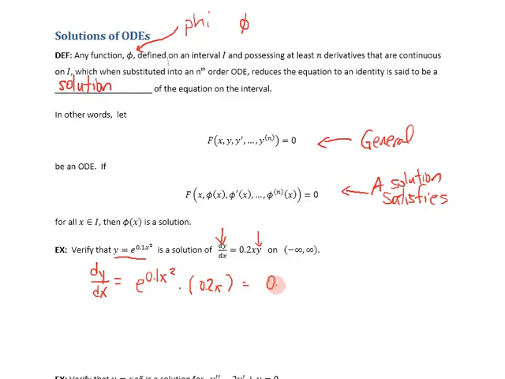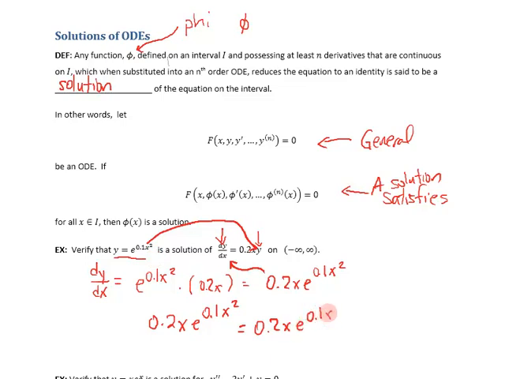So you actually have 0.2x e to the 0.1 x squared. So that's what I need to stick in on the left-hand side and see if that's the same thing as what I get on the right-hand side. So plugging this in here and plugging in this for y right there will give me 0.2x e to the 0.1 x squared equals, and then I've got 0.2, this x here, and this is y, so e to the 0.1 x squared.